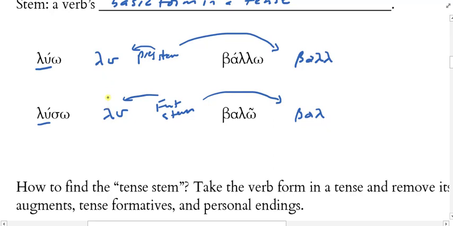Okay, so that's how I know that lu is the stem for both the present and the future. Over here, especially when we learn how to form the future of verbs like balo, we're going to strip off augments, tense formatives, connecting vowels, and personal endings, and we're going to be left with our stems for the present and for the future. Okay?